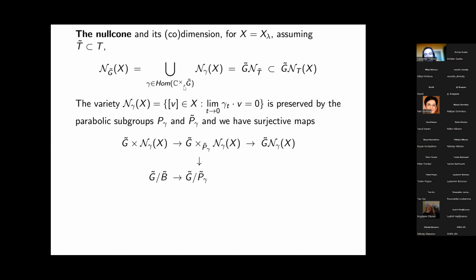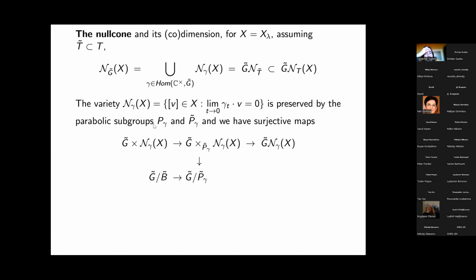One parameter subgroups are much like the weights, so the subgroup is defined in a similar fashion, actually. For all intents and purposes, you can think of gamma as also being a weight, using the Killing form. So these parabolic subgroups are defined similarly to the ones I described as stabilizers of highest weight vectors.